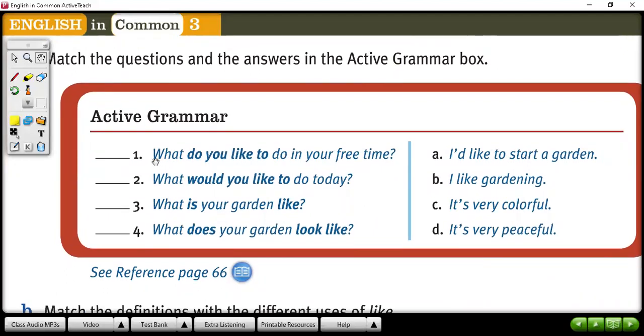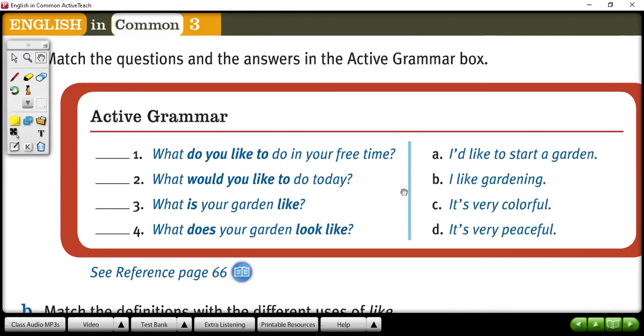You said that number 1 is B, number 2 is A, number 3 is D, number 4 is C. According to this, the question is, what do you like to do in your free time? The answer is B. I like gardening.